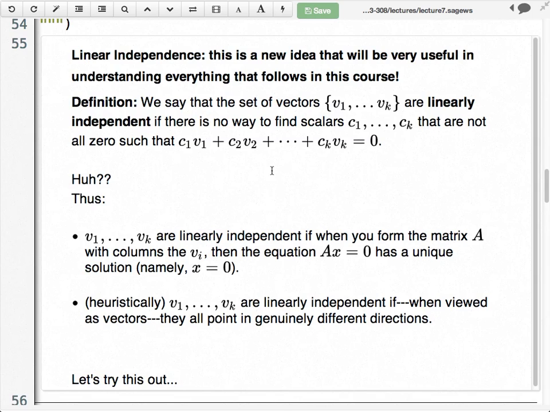These coefficients aren't 0. So whenever you give a relation that looks like this between your vectors that's equal to 0, that's called a linear dependence. Like you've given a way in which the vectors depend on each other. v2 depends on v1. It's just a scalar multiple of v1. So that's what this thing is called. It's a linear dependence.